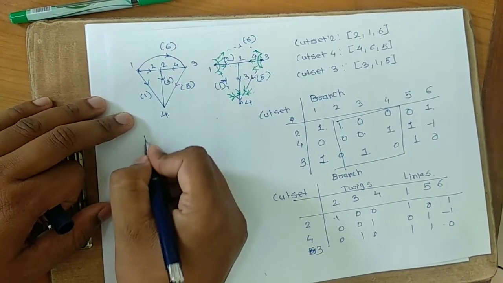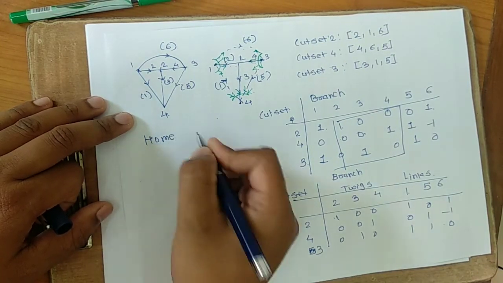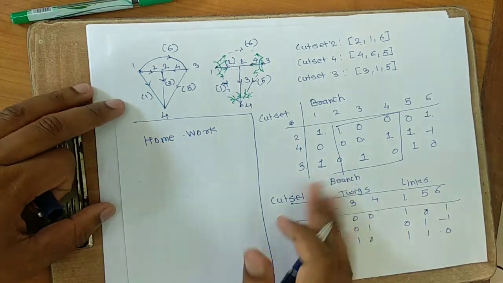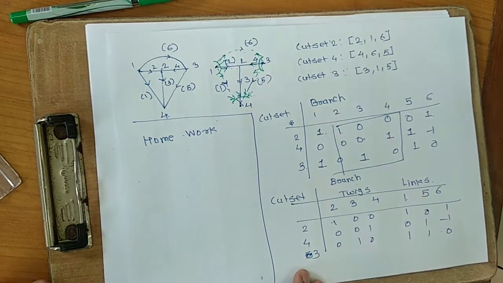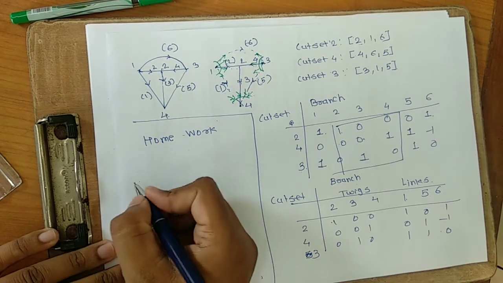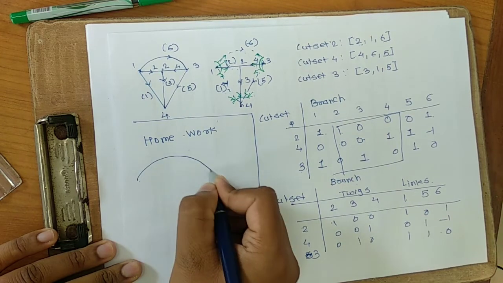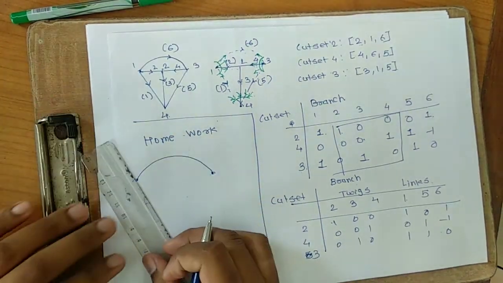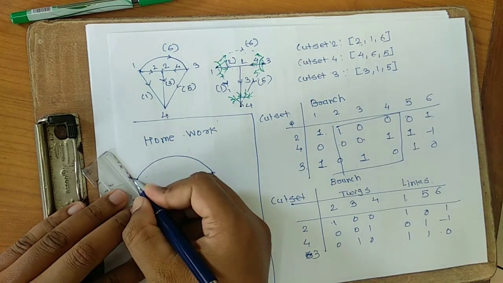And here also I will give homework. I am using a similar diagram again, which I used for the incident matrix and tie set matrix.